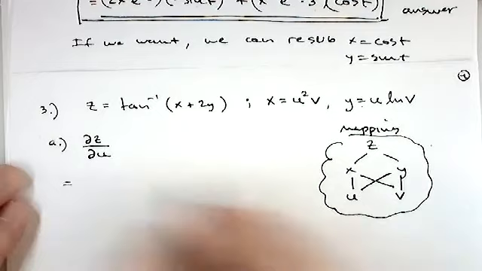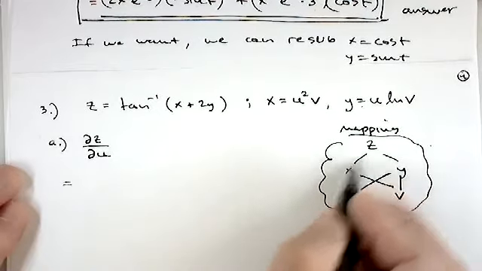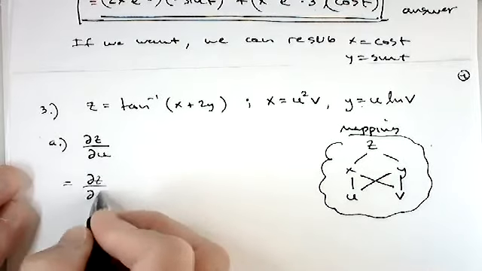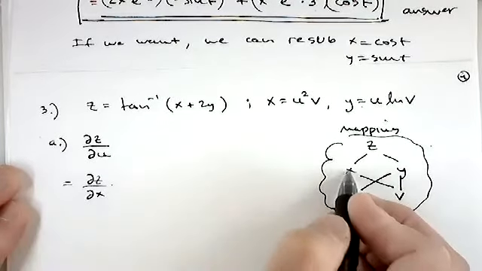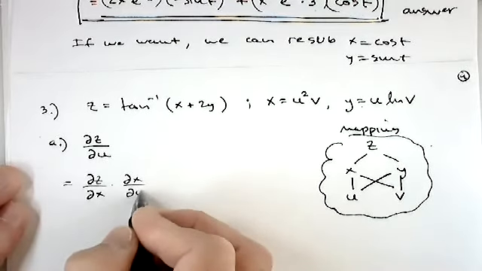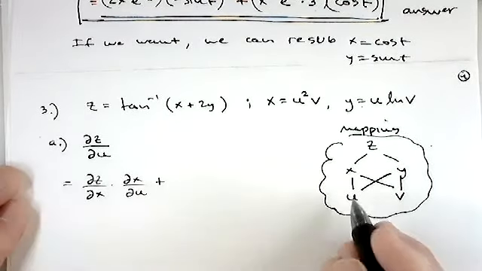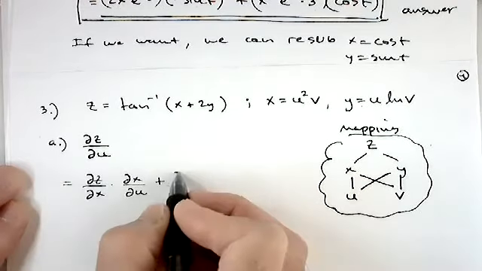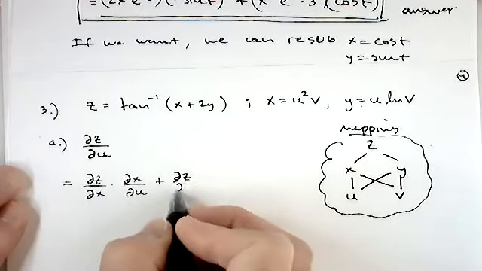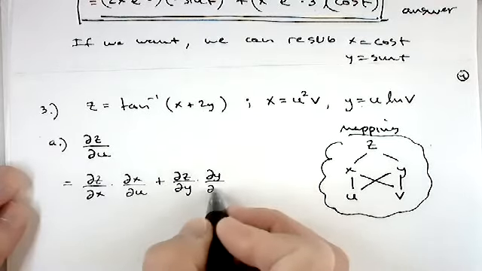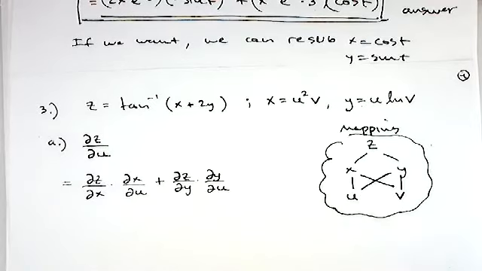So this would equal, right here, my partial of z with respect to x times my partial of x with respect to u. And then I want to add in, because there's another thing contributing to that derivative, the partial of z with respect to y times the partial of y with respect to u.